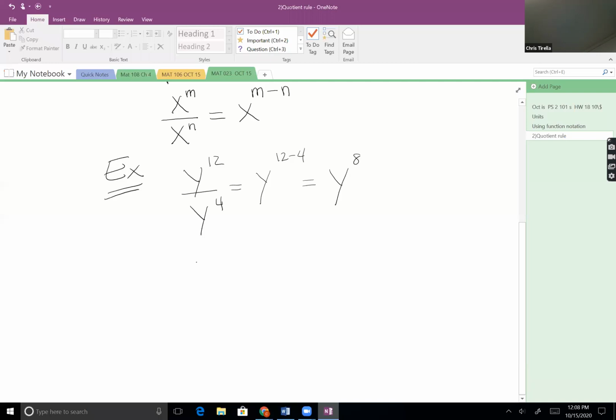Next one, if I have z to the 10th over z, what we need to remember is, again, if there's no exponent written, there's an invisible exponent of 1. And so now when I subtract the exponents, I'm left with final answer z to the 9th.